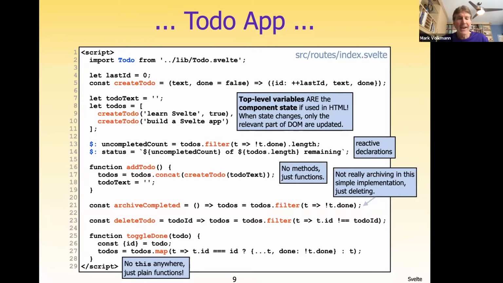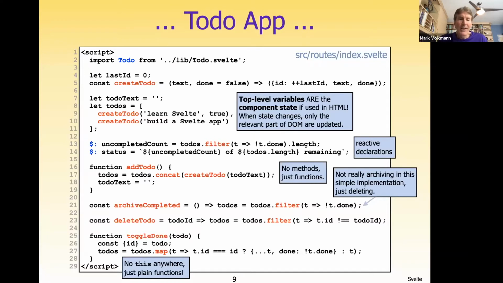And then I concatenate that onto my array of to-dos and assign it back to the to-dos variable. That's important for Svelte to know that that has changed so that it can trigger lines 13 and 14 to run again. Also, after you add a to-do, it's good to clear out the to-do text like I'm doing on line 18 so the user's ready to type in another one.